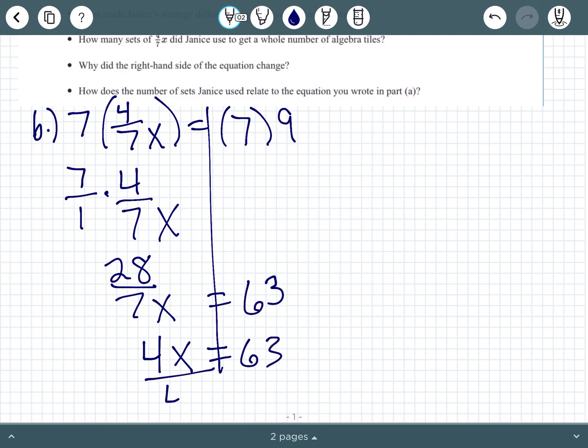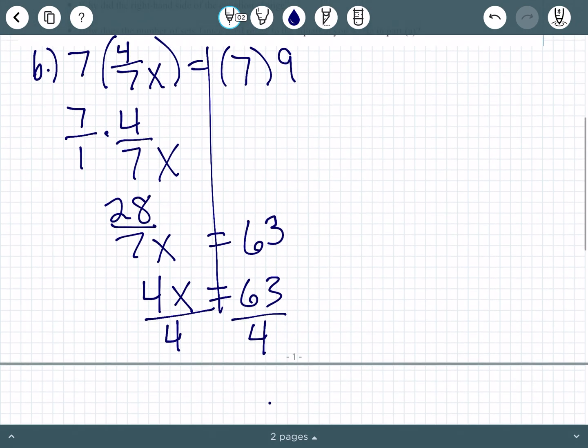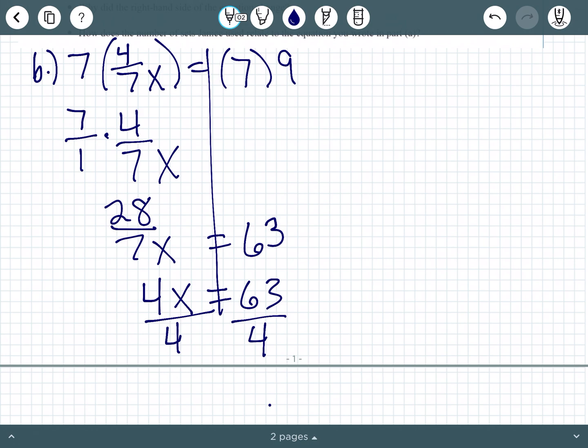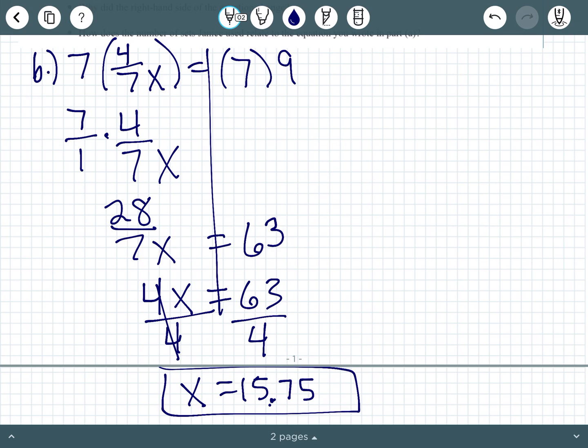Now let's divide by 4 on each side. 4 divided by 4, anything divided by itself, gives me a 1, which leaves me with 1x, or just x, and 63 divided by 4 is going to give me 15 and 75 hundredths, or 15.75. Interesting. It looks like that matches my answer from part A.